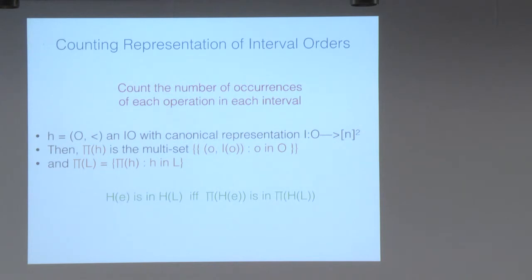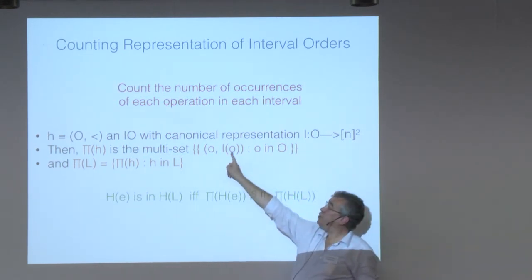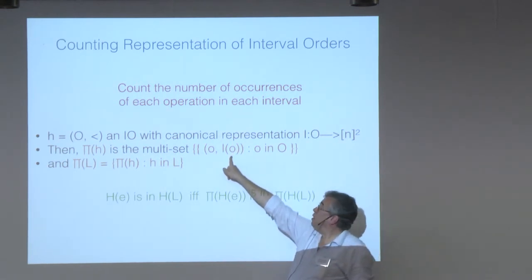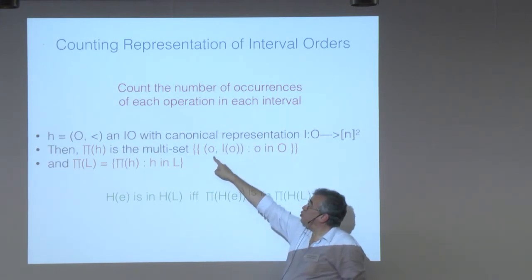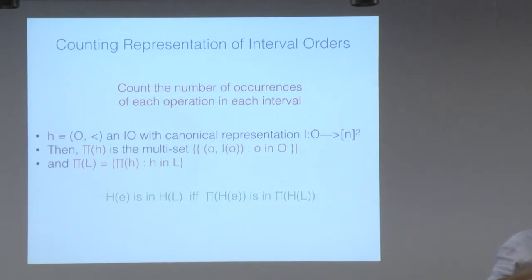So you can now take your canonical representation. You can define this multiset where for each operation you count, well, actually, you put this element, this pair, the operation and the interval where it occurs. All right. Now, since it's a multiset, you can represent it using counters, because you count for each interval how many occurrences for each operation.